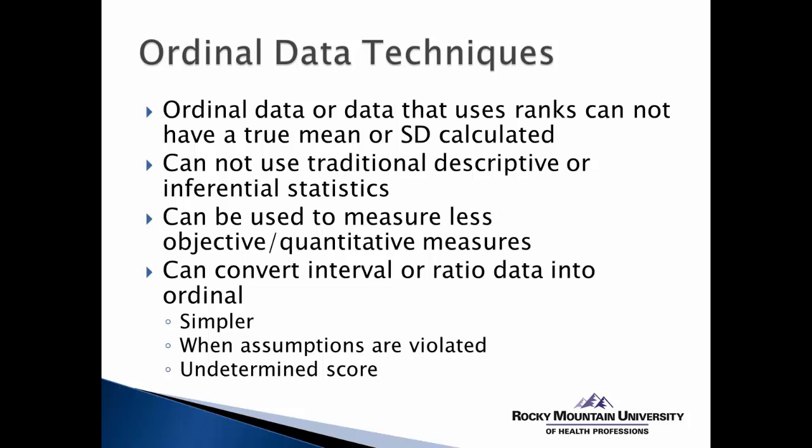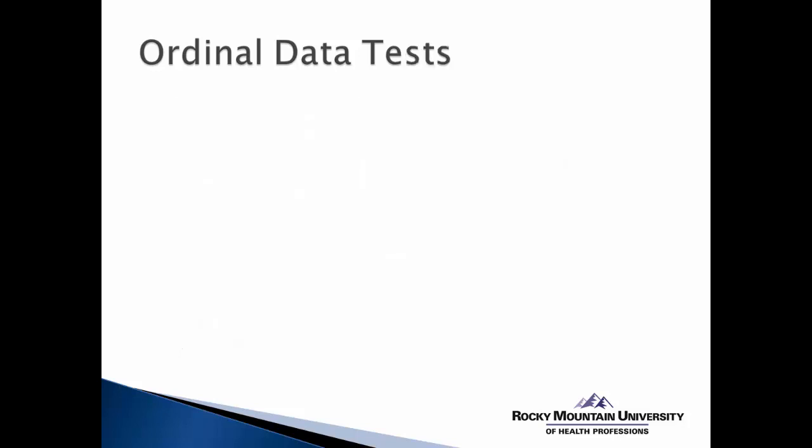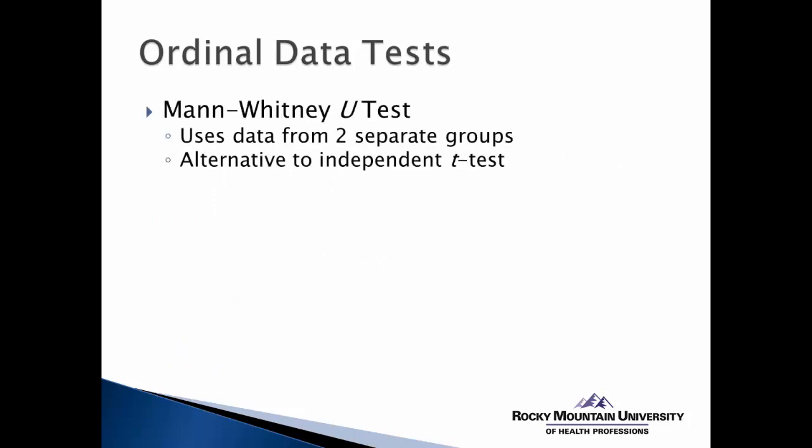And very often when we have scores that aren't very objective, in other words, it's very difficult to determine true intervals between potential scores, like we see with agreement or satisfaction, then these techniques are a good alternative. So let's talk about some of the different tests, and we'll demonstrate each of these as we talk a little bit about their theory.